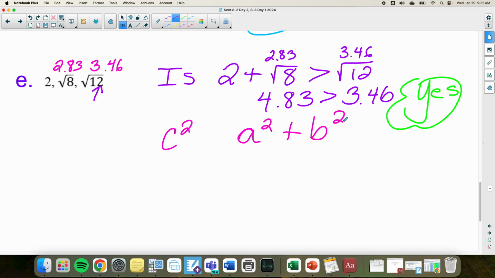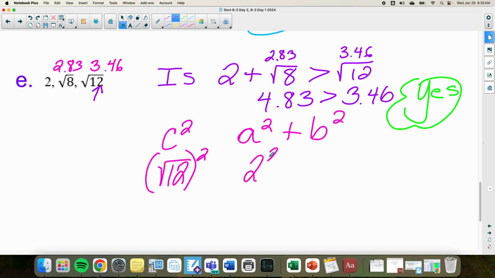So when you put them in here, you have to use the actual number. So for c here, we would have the square root of 12, and we're squaring it. Can't use the 3.46, have to use the square root of 12.